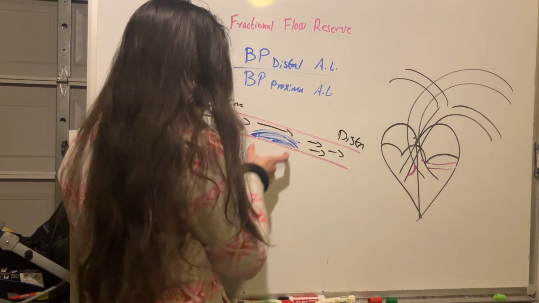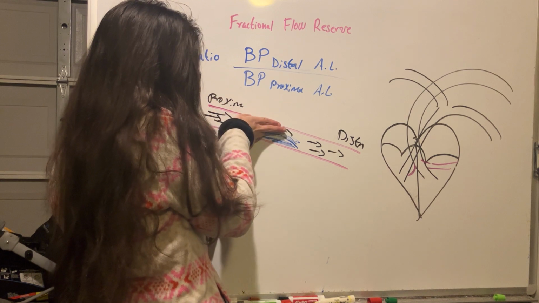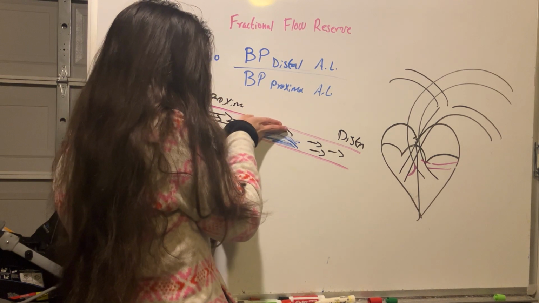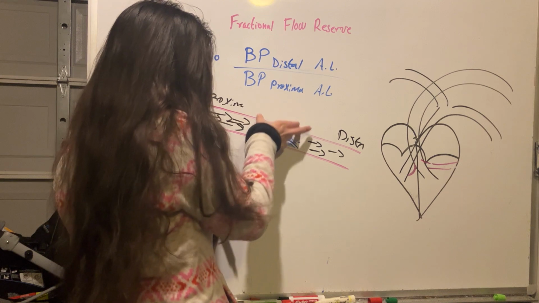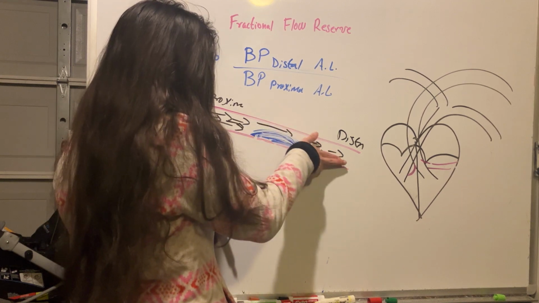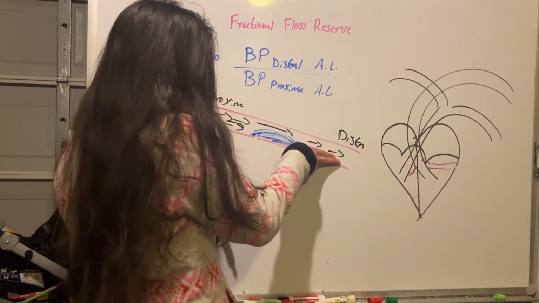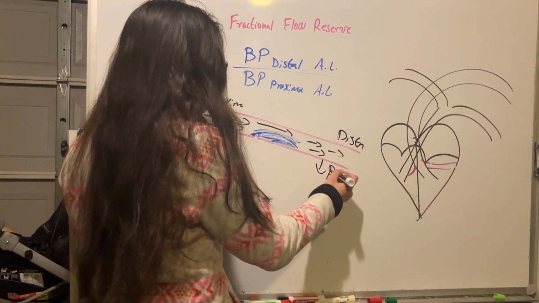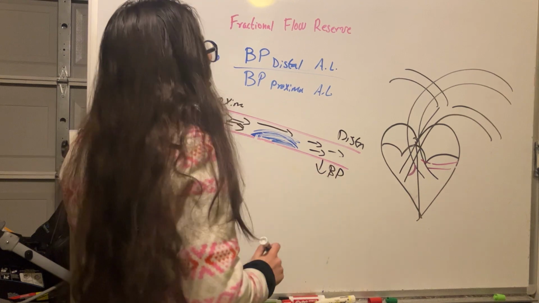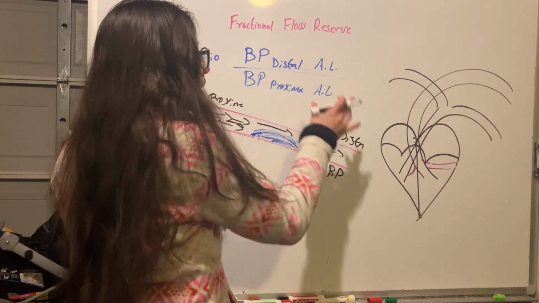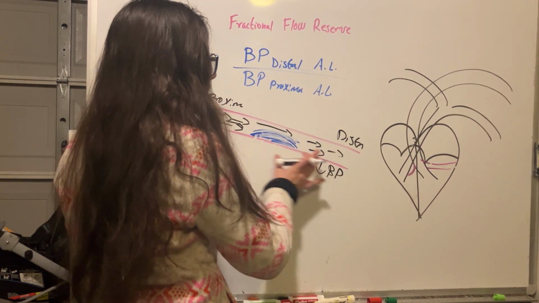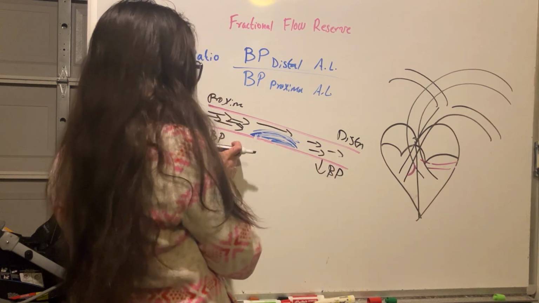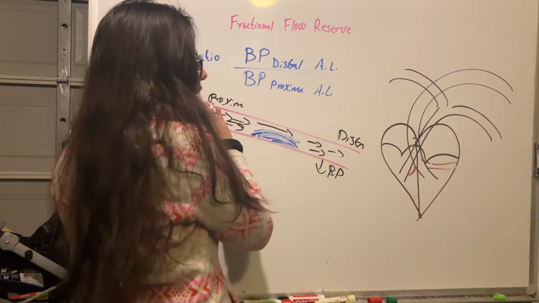So of all the blood that is coming at this point, only a few can come through the lumen at the site of the atheromatous plaque and then continue to the distal segment. So here we will have a lower blood pressure. So the blood pressure distal to the atheromatous plaque is less than the blood pressure proximal to the atheromatous plaque.